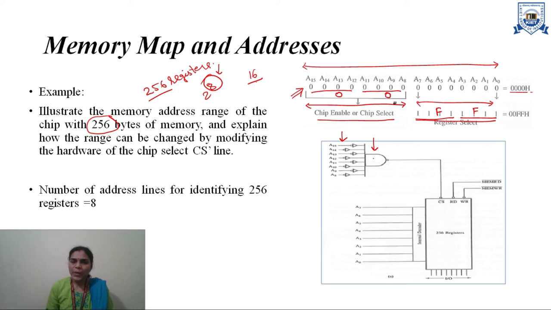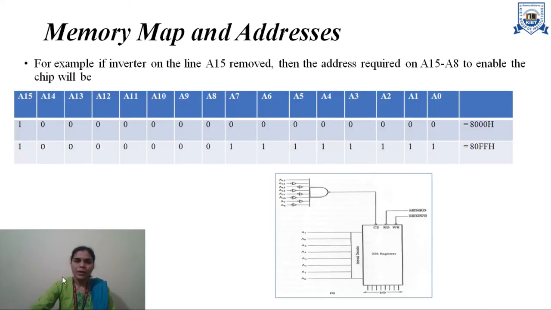So in this way, we can configure the address map according to the smaller number of address lines, when the higher order address lines are used for chip selection. In this way, we can make an address map for any given specification of a memory chip.